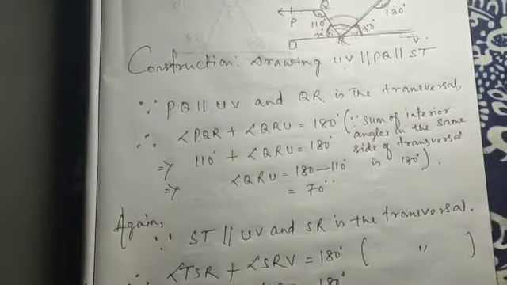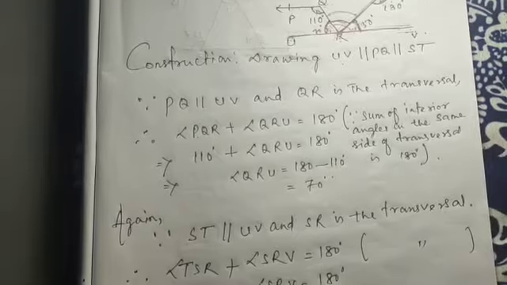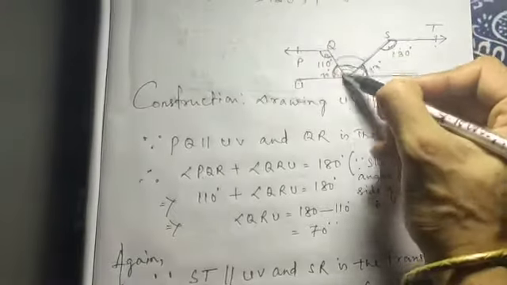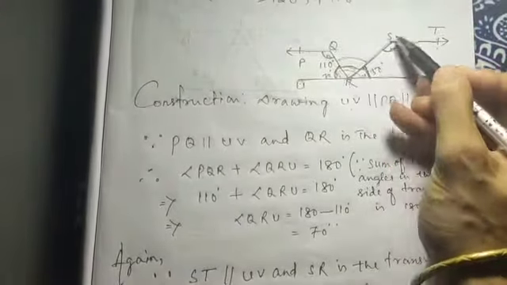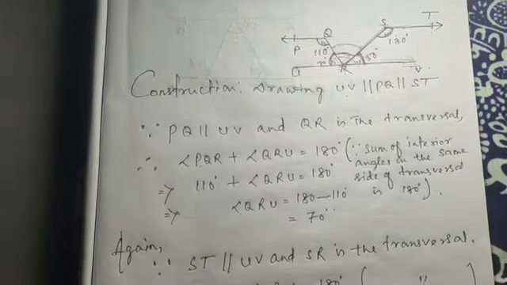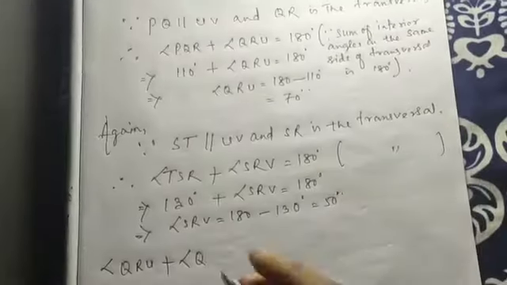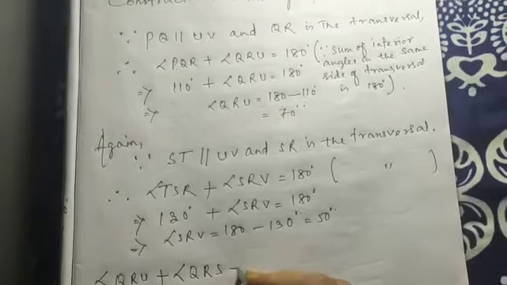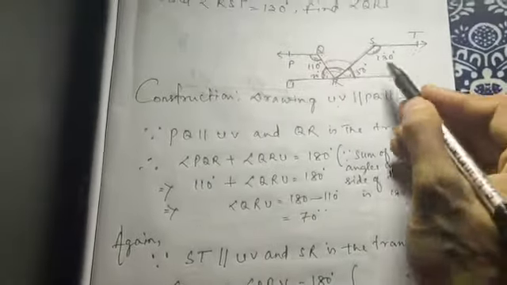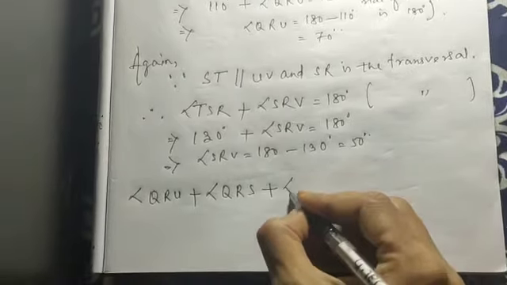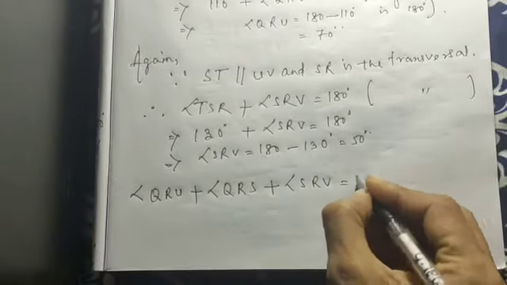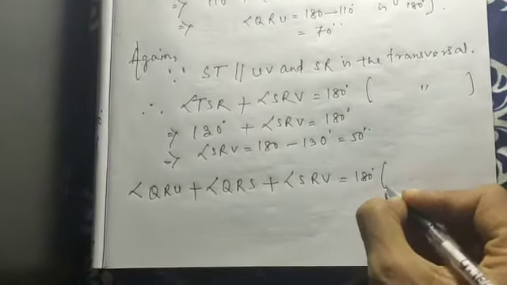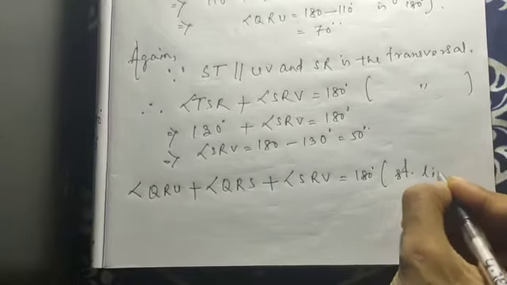Angle QRU plus QRS plus this angle, SRV, is equal to 180 degrees. Why? Straight line. They are forming a straight line.